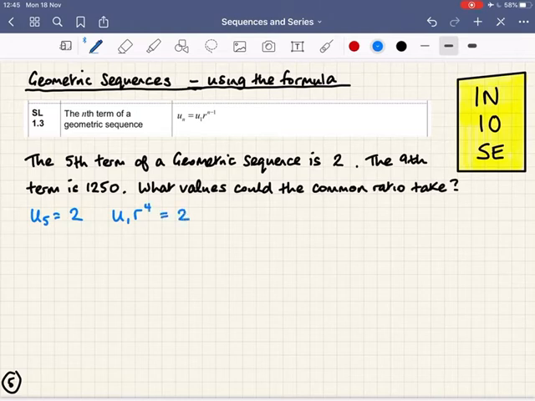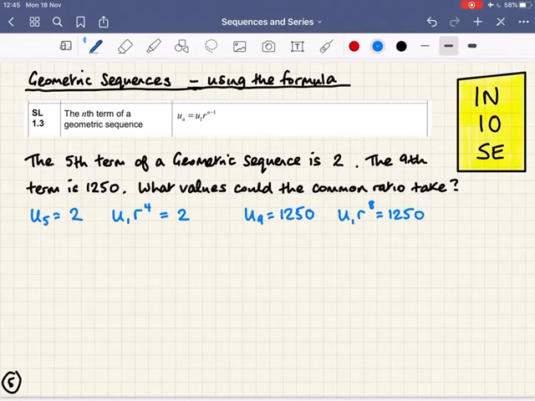And we also know that u9 is 1250, and to get that we had u1 r to the 8 equals 1250. Now we have a kind of pair of simultaneous equations here.